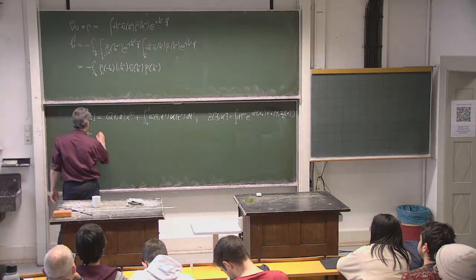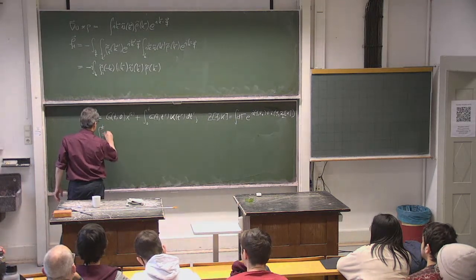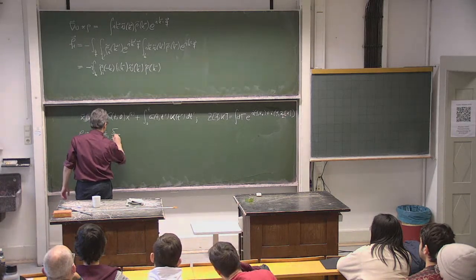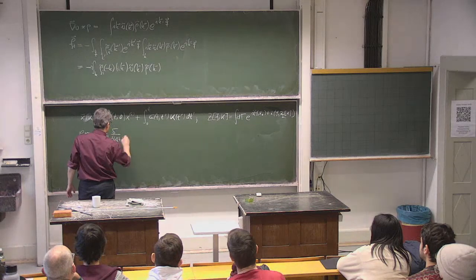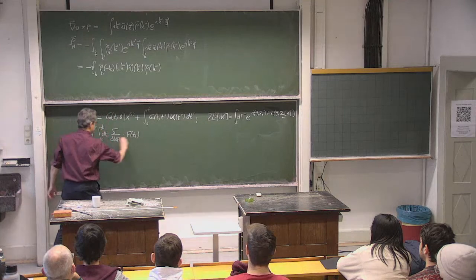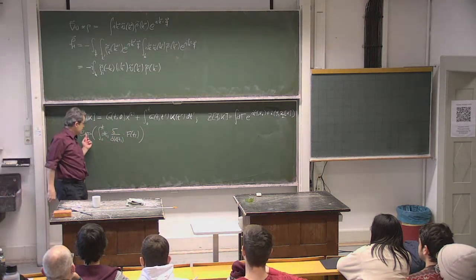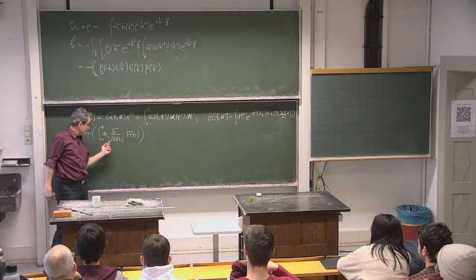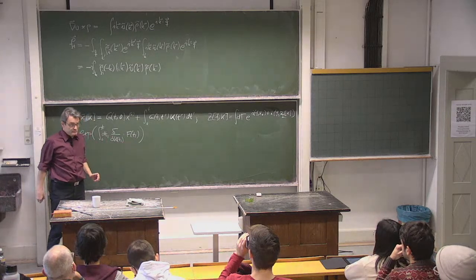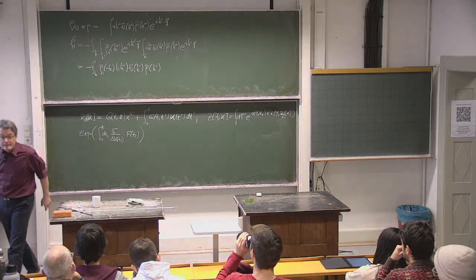Suppose we have an operator which looks like that. I take the exponential of an integral over the functional derivative with respect to K times the force term that I actually want.